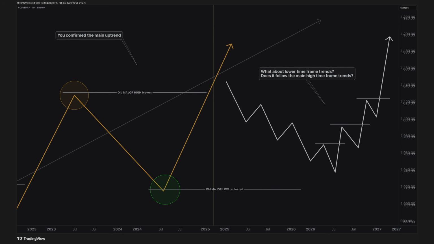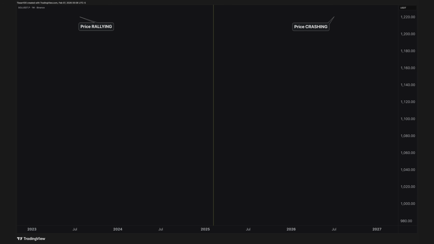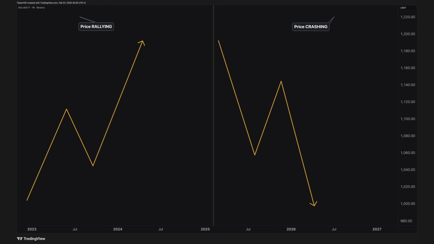At the end of the day, it doesn't really matter, because price is generally either crashing or rallying anyway. If price is rallying, you want to wait for strong and clear breaks to the upside. And if the price is crashing, you would want to wait for strong and clear breaks to the downside.